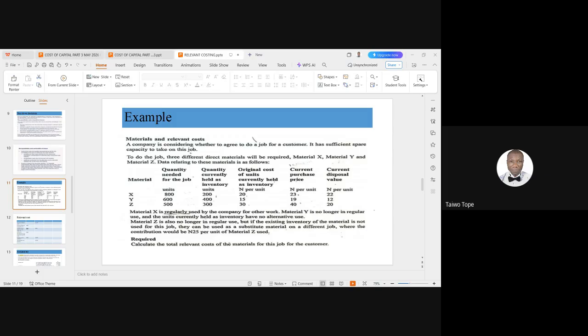Now, you need how many units of material Z? 500. The remaining 200, what will happen to it? It will be at the current purchase price of 40 naira.